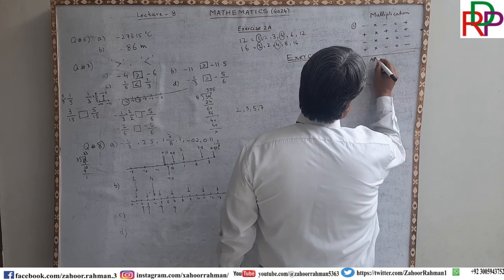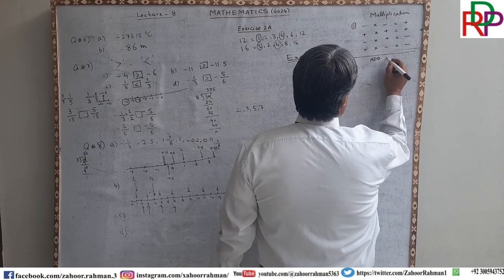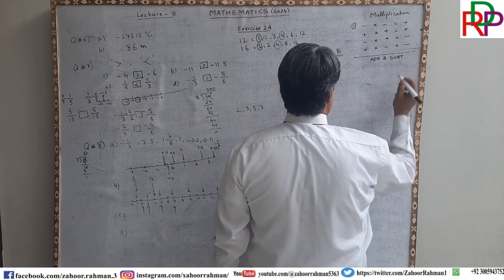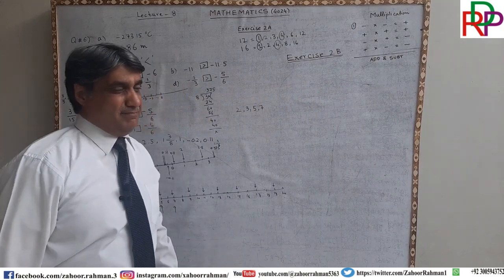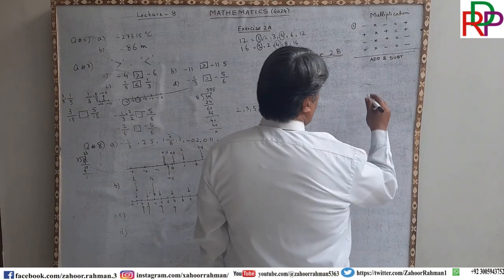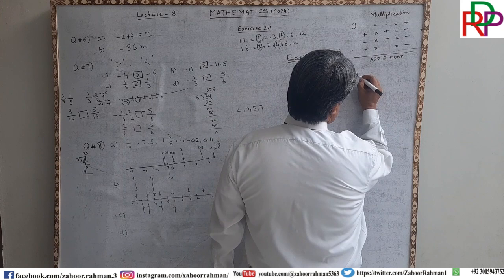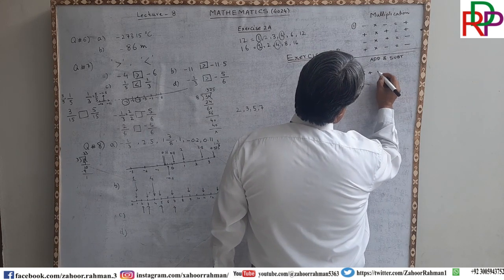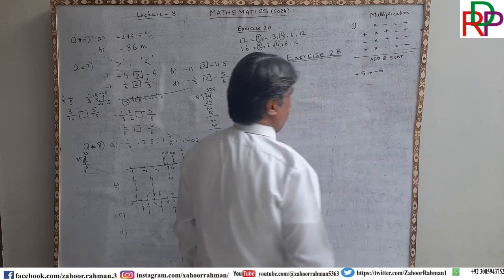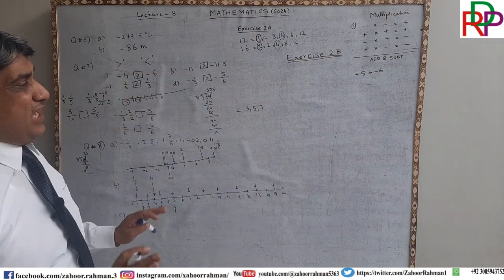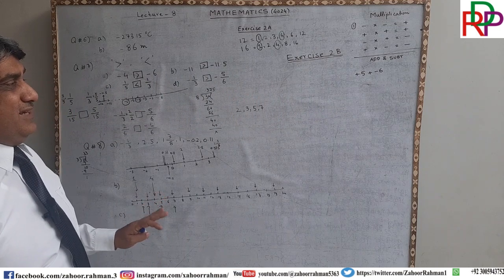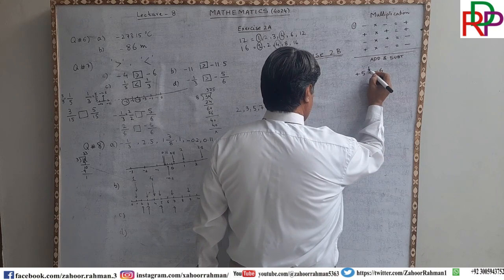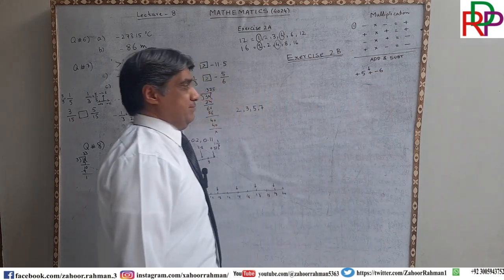But for addition and subtraction, you have to keep in mind a few things. For example, if we want to add 5 plus -6, then the students are confused, because there is addition, not multiplication.